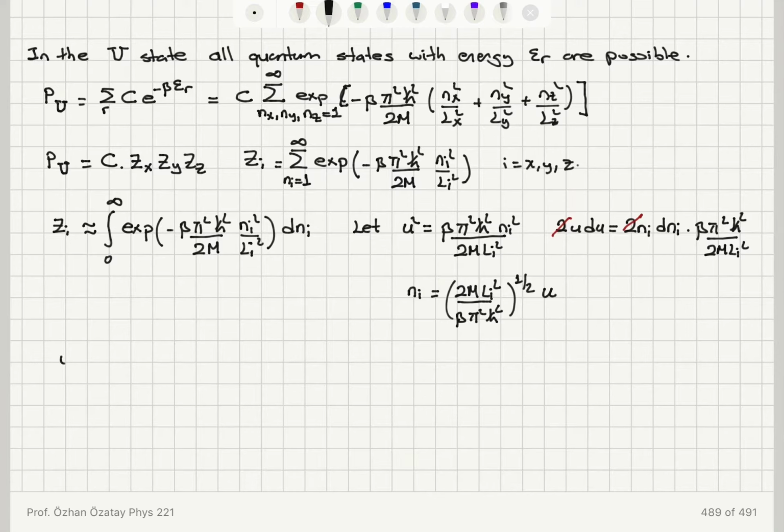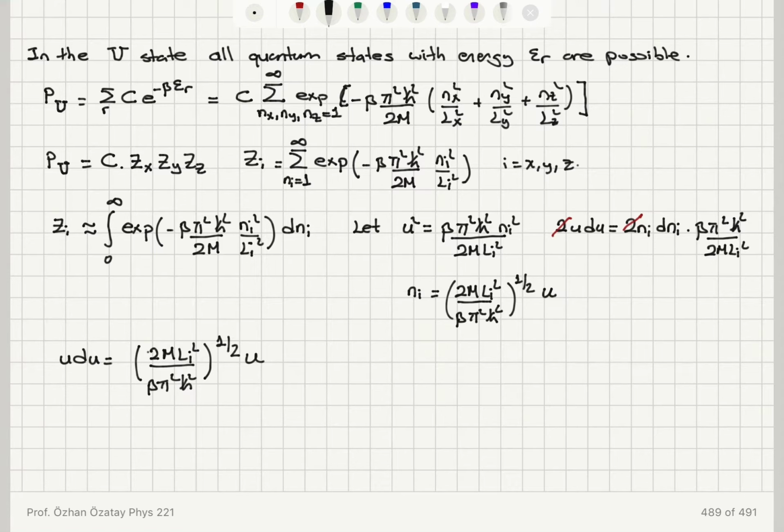So I see u du is equal to ni dni. So for ni I can substitute 2m li squared divided by beta pi squared h bar squared to the power 1/2 times u.